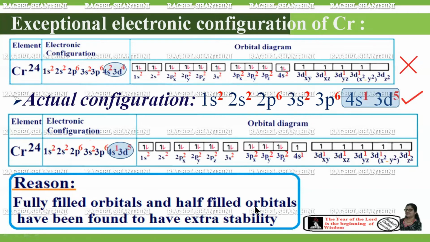Fully filled orbitals and half filled orbitals have been found to have extra stability. This is the reason chromium has a peculiar electronic configuration. This can be well explained on the basis of the symmetrical distribution of electrons and exchange energy, which we are going to see in the next session.